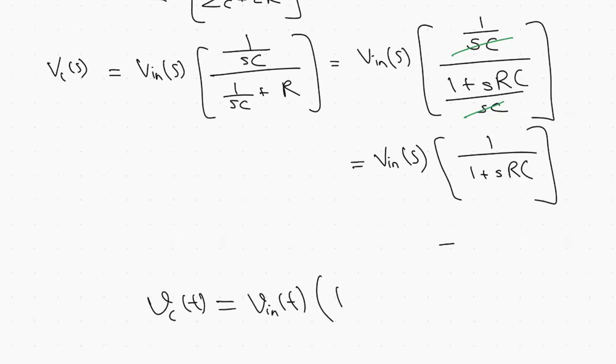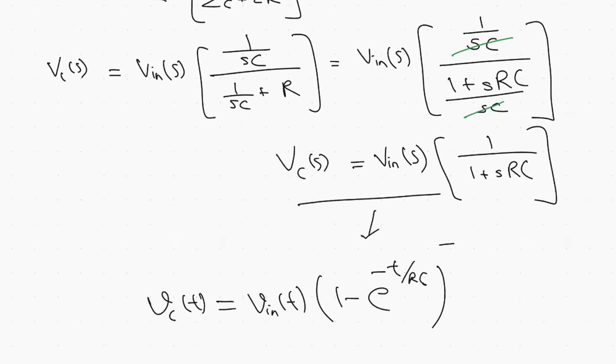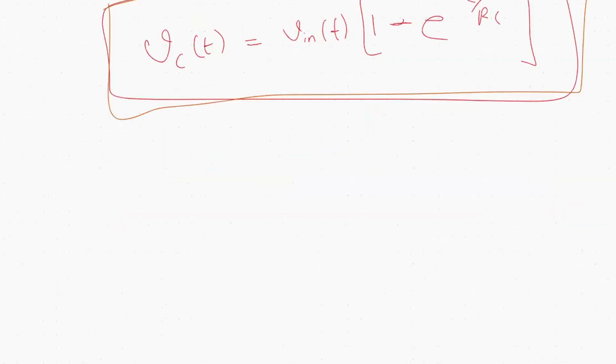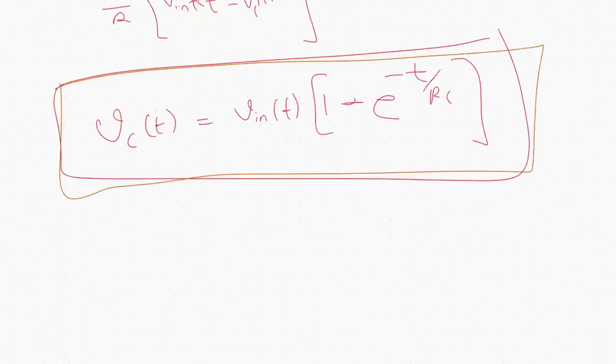How did we get from here to here? What did we use? We use the Laplace transforms. What is the equation that we used? Let's just go with this for now. I will post an explanation for this later and not now.